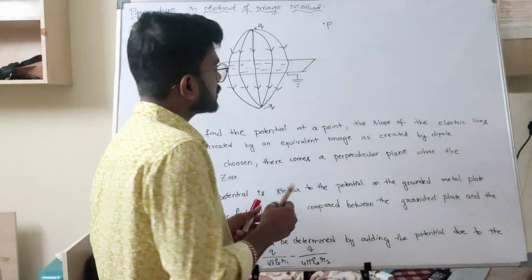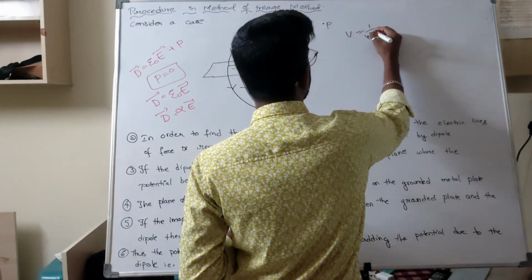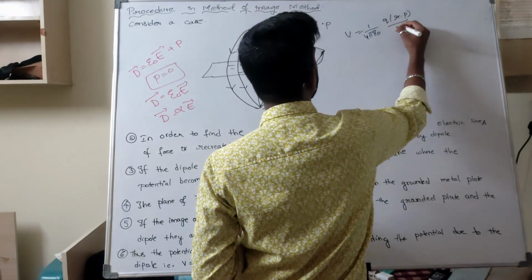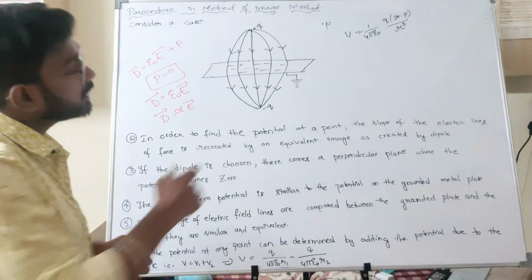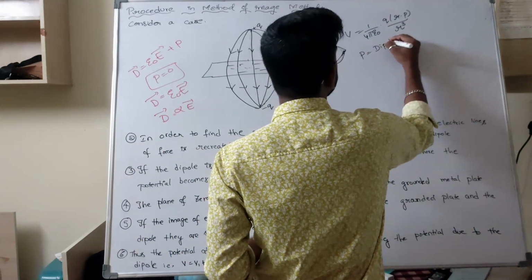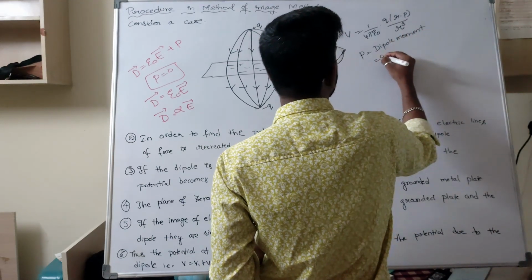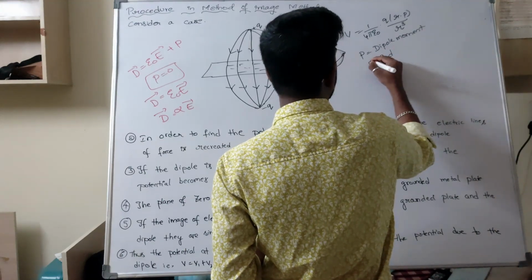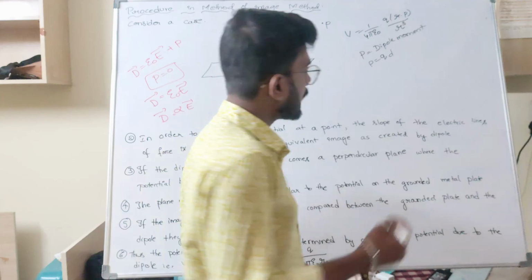If you consider a dipole, what will the potential be? V is equal to 1 by 4 pi epsilon naught, Q r dot P by r cube. This is the potential for a dipole, correct? Where P is the dipole moment. The dipole moment formula is P equal to Q into d. R dot P is R P cos theta.